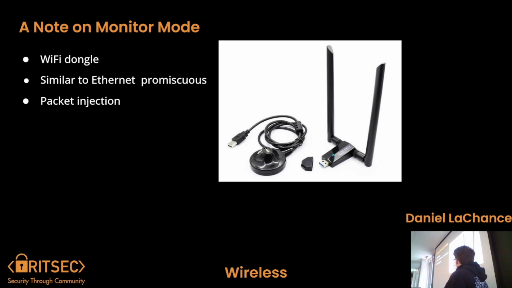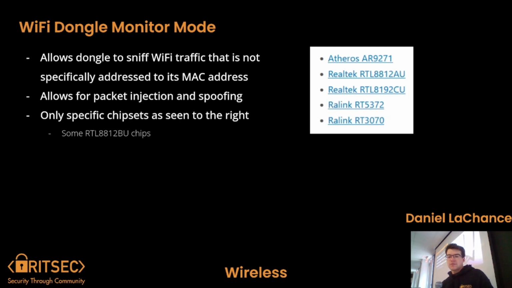So I have 3 up here that we'll be using for demos. There are only a few specific Wi-Fi chipsets that actually have monitor mode support, and all of the ones that I could find are right there. Also some RTL8812BU chips, not listed up here, but this one is that specific chip, and it also works.